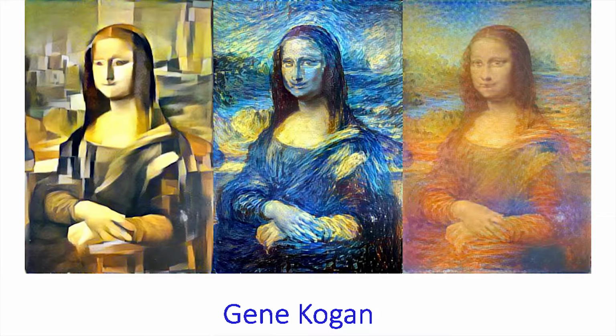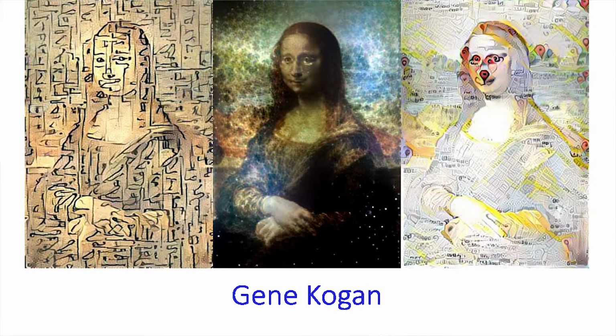And artists such as Jean Kogan have played around with Mona Lisa, making her cubist, impressionist, and so on, and also broadening the definition of style to move beyond artistic styles, but also to expand to hieroglyphics or Google Maps.